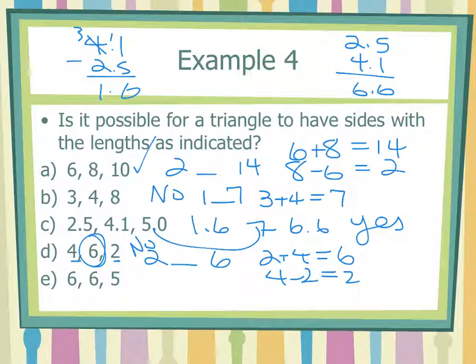And then the last one, if I take the two smaller, 5 and 6, if I subtract them, I get 1. If I add them, I get 11. This other 6 fits in there, it's good to go. So this one's yes. So just take the two smaller ones, add and subtract them, and see if that third number is in between. Doesn't have to be in the middle, just has to fall somewhere in between those numbers.